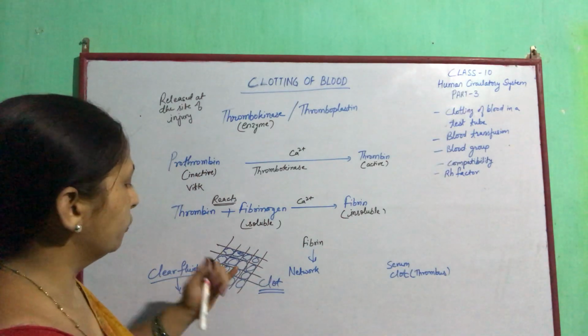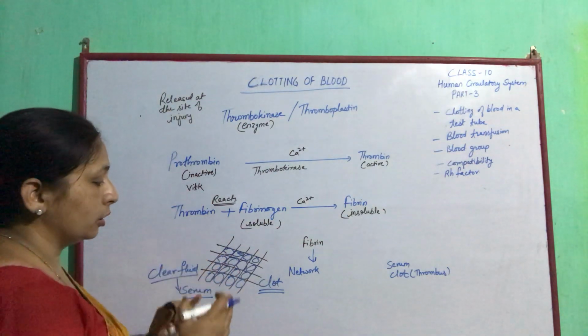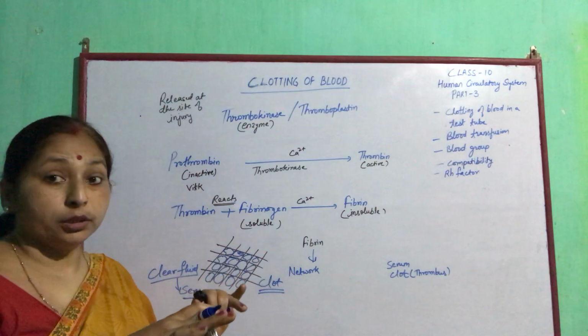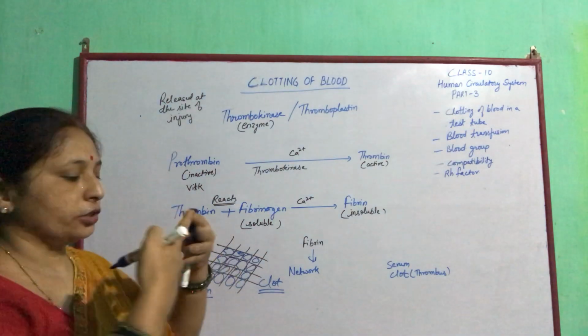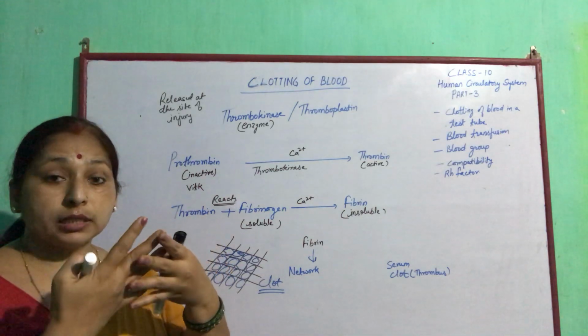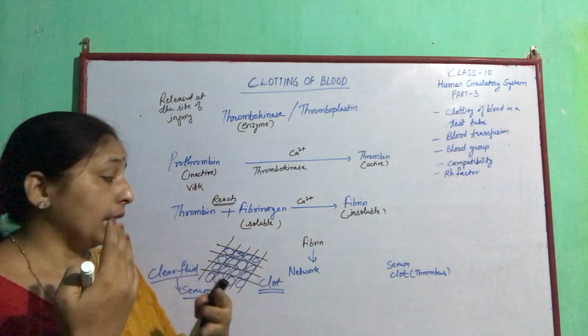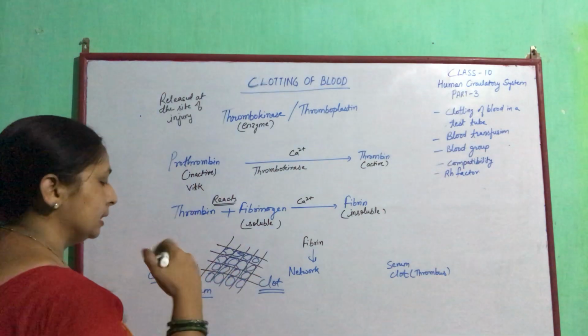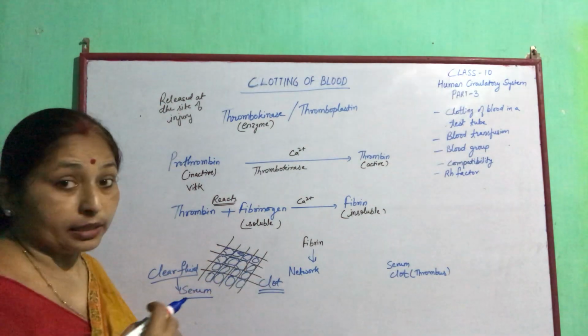It oozes out from this mesh, the blood corpuscles get trapped, forming a clot, stopping the flow of blood or the bleeding. It traps the blood corpuscles and forms a clot. Serum comes out, clear fluid comes out, that is serum.